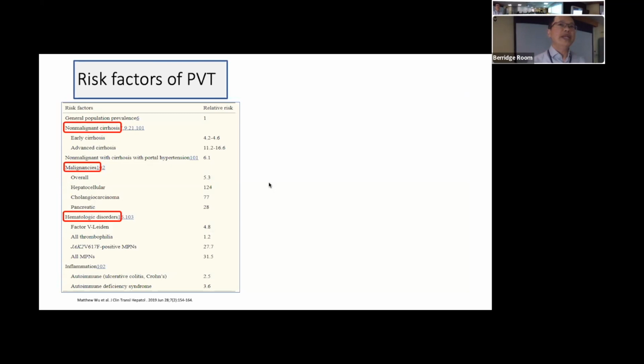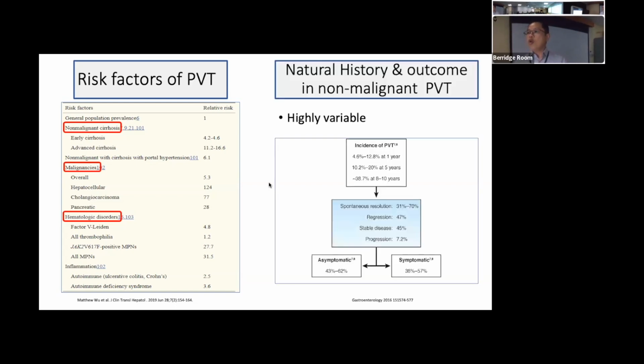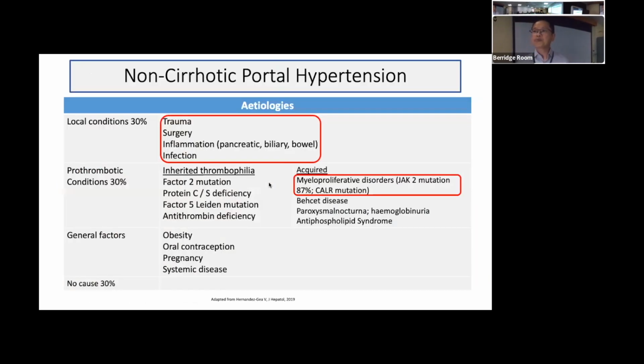And we have the non-malignant cirrhosis, and also non-cirrhotic conditions, which I'll deal with a little bit later. So for non-malignant portal vein thrombosis, the outcome is highly variable. About 50% may recanalize on their own, and about 50% may present with symptoms, quite variable.